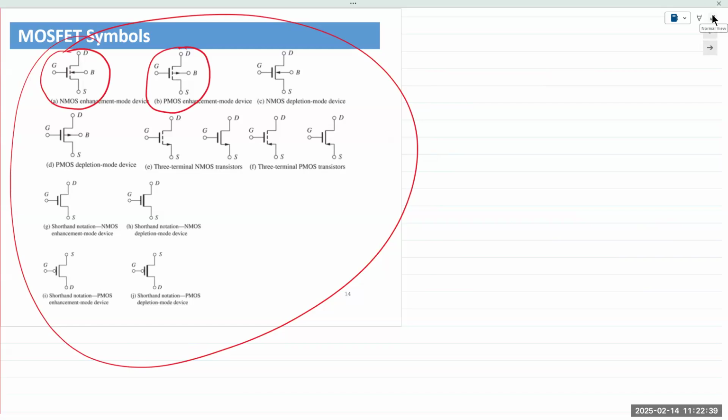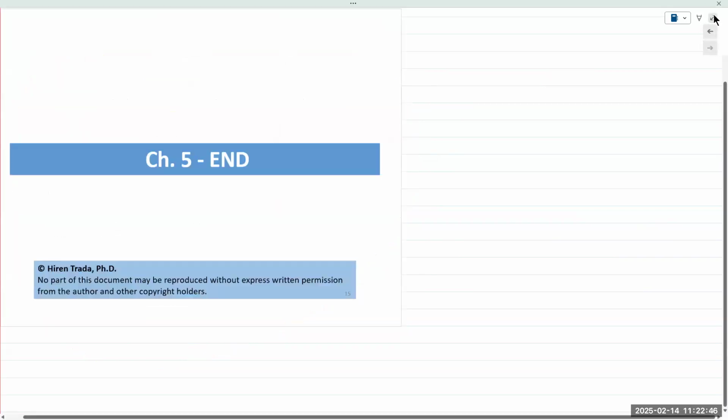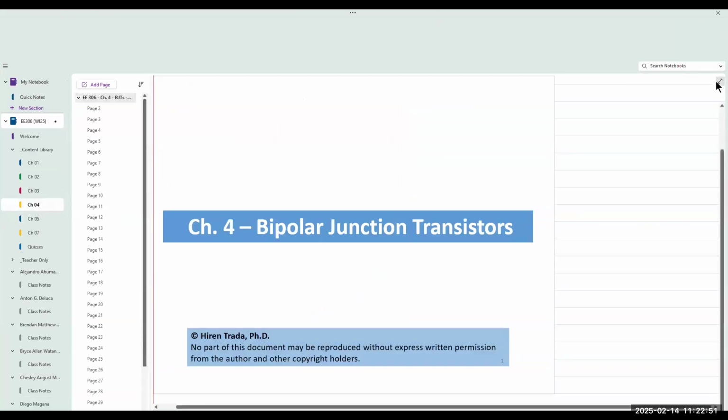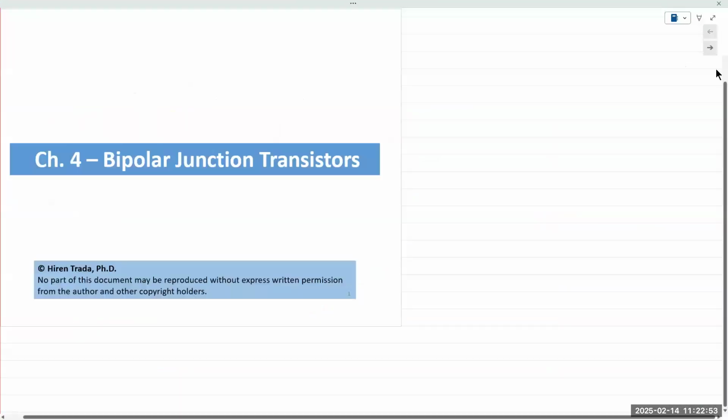For now, I want to turn my attention to chapter 4, which is BJT, bipolar junction transistors. I mentioned this earlier. The name bipolar comes from the fact that the current flow is a result of both the minority and majority charge carriers, meaning holes as well as electrons.